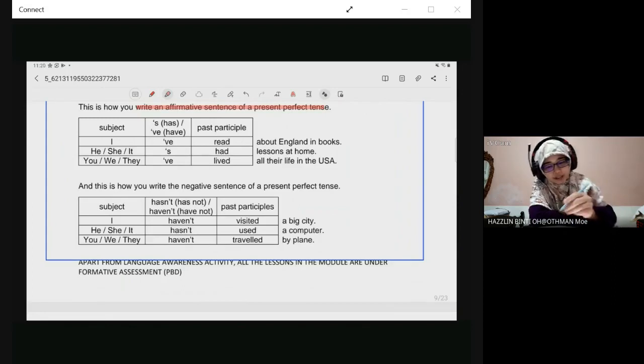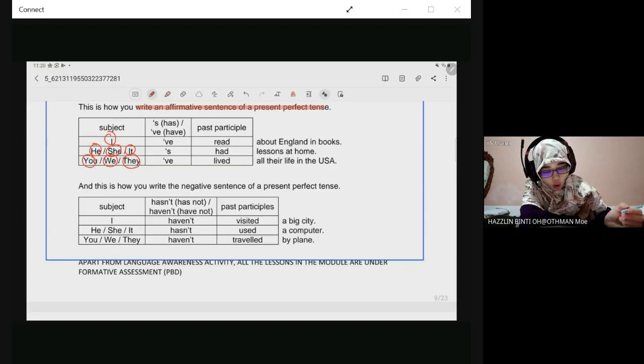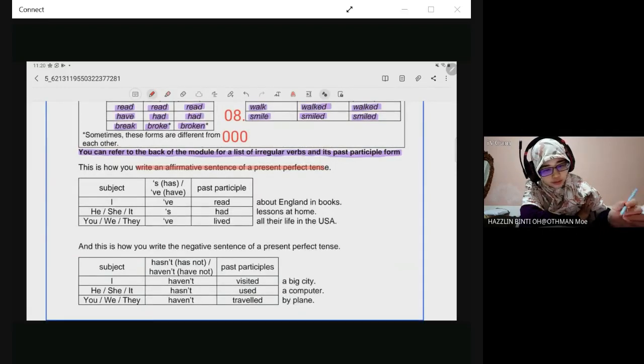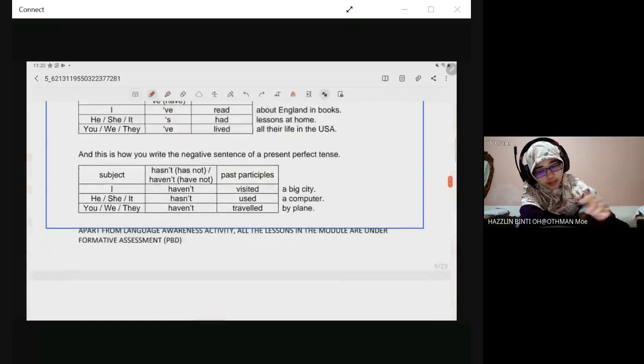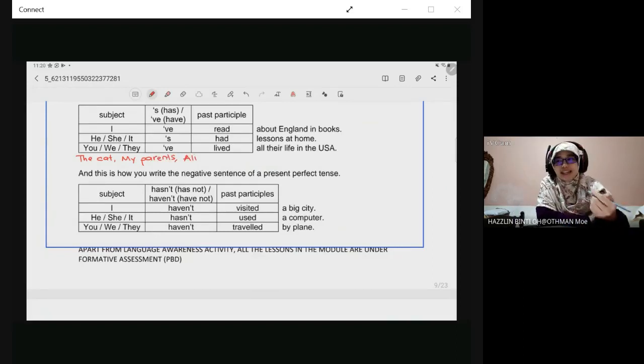It can be I, he, she, it, you, we, or they. Or it can also be the cat, or my parents, or Ali, or any other subject.